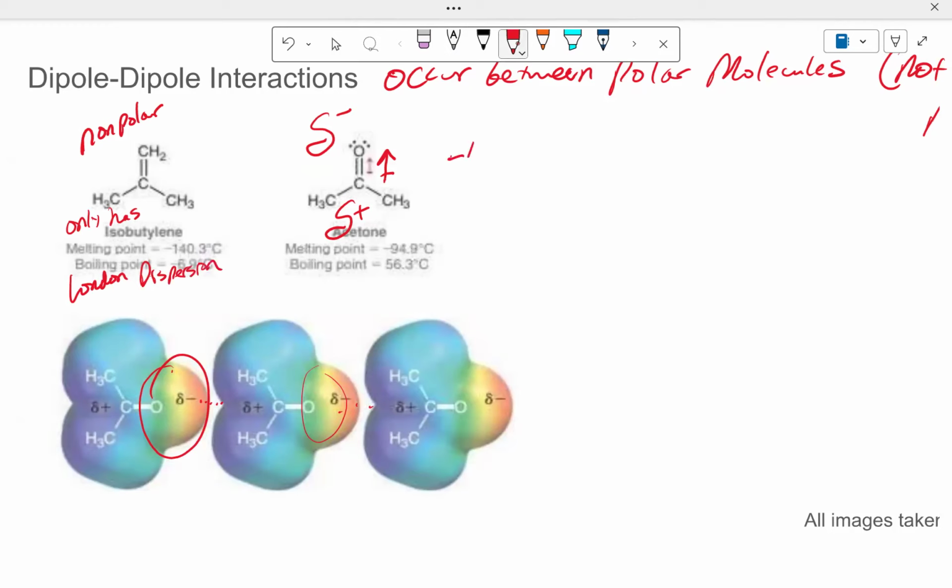Acetone has London dispersion and dipole-dipole interactions. So because it has more intermolecular forces, look at its boiling point compared to isobutylene. Isobutylene is in the negative. The boiling point of acetone is 56 degrees Celsius because it has more intermolecular forces.